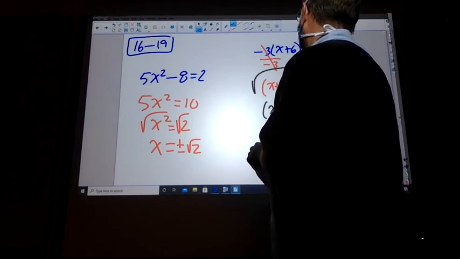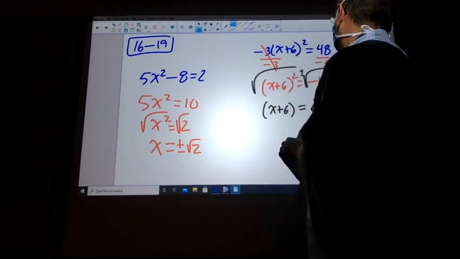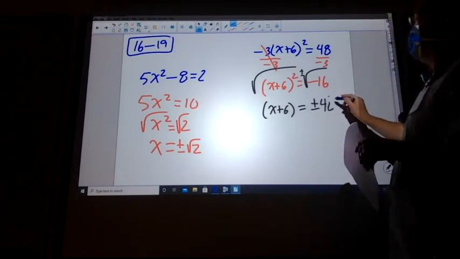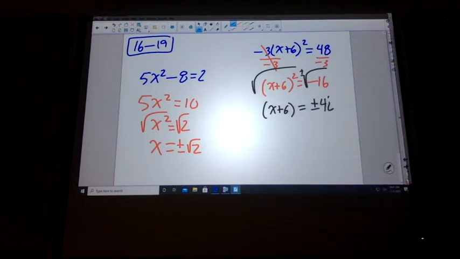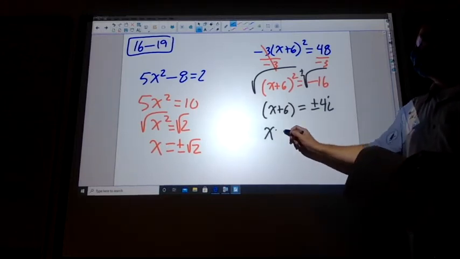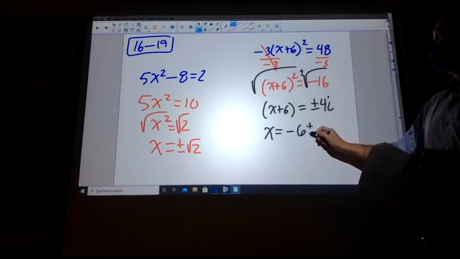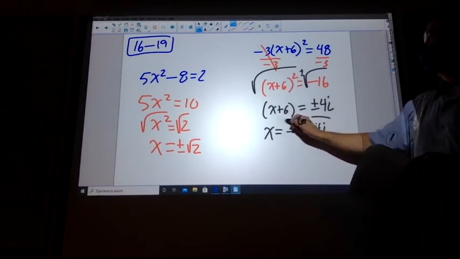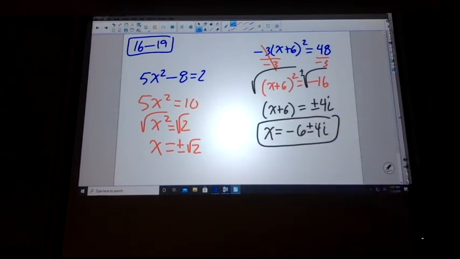So I get x plus 6 equals plus or minus 4i. Why is there an i there? Because I have a negative. And then subtract 6. Please do not forget the plus or minus. Anytime you take the square root of both sides, make sure you do a plus or minus component.